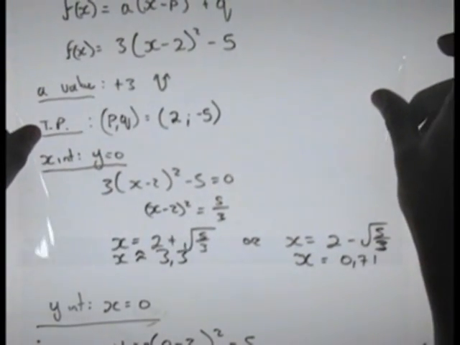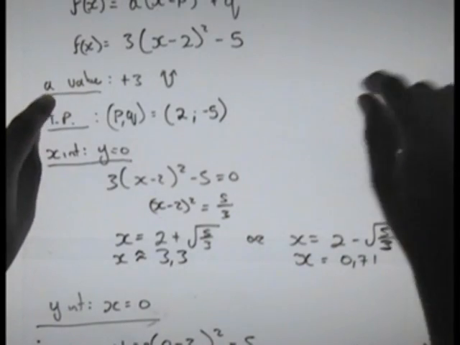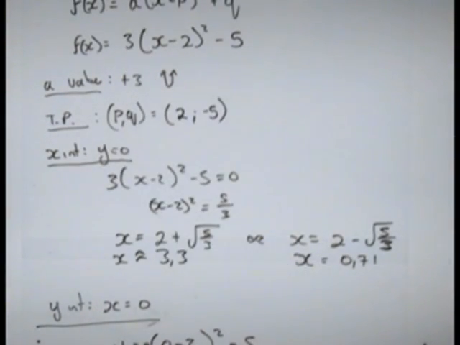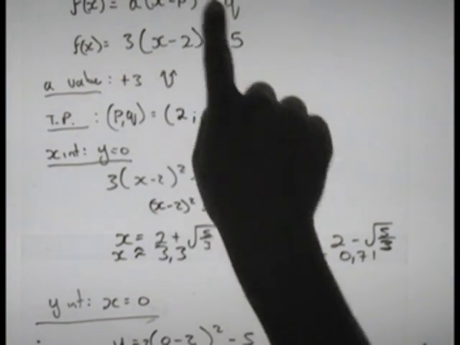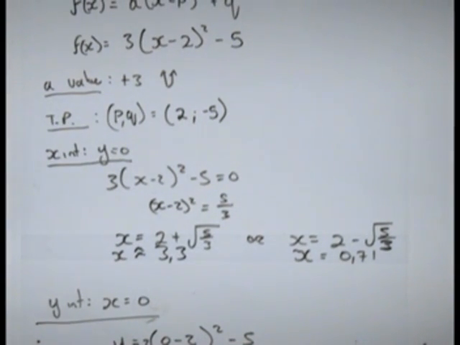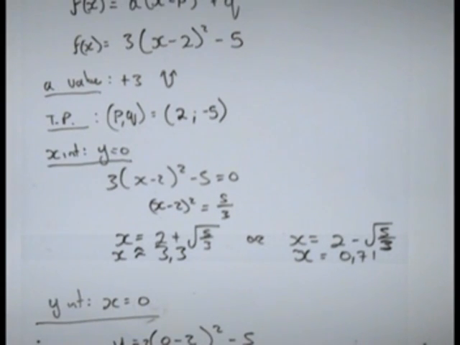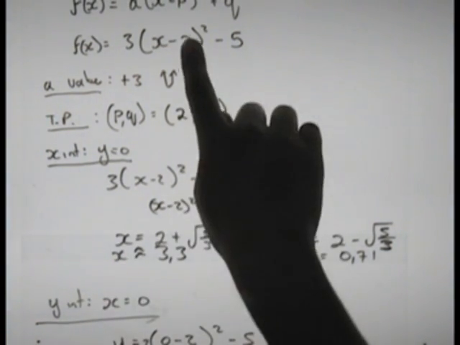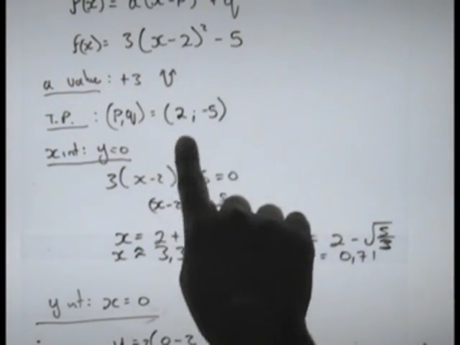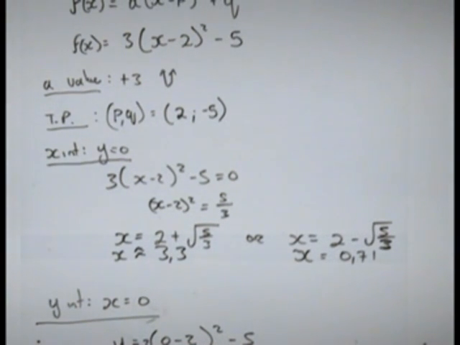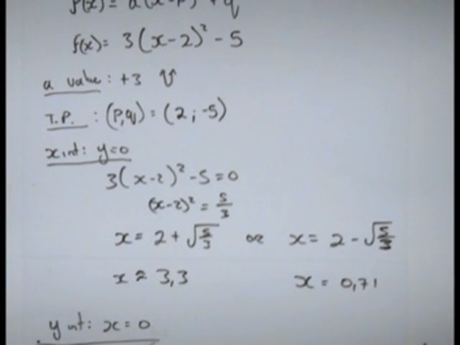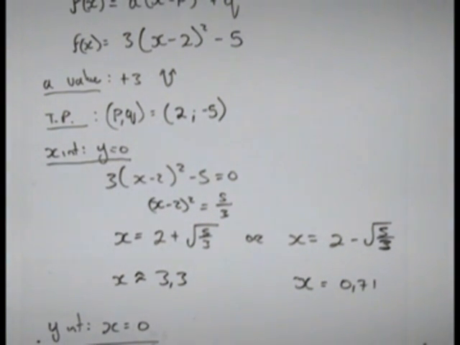Firstly, I looked for my a value. My a value in this case is plus 3, because it's a times (x minus p) squared plus q, which meant that my graph has the smiley face shape. Turning point was point p q, which in this case was 2 and negative 5. My x-intercepts, step 3, I looked for when y is equal to 0.